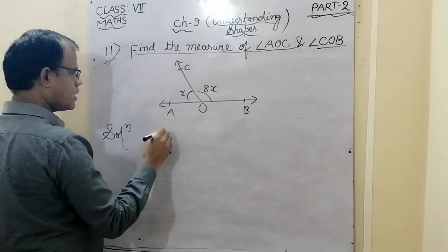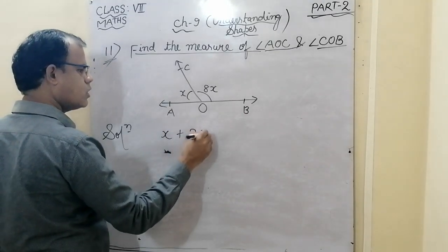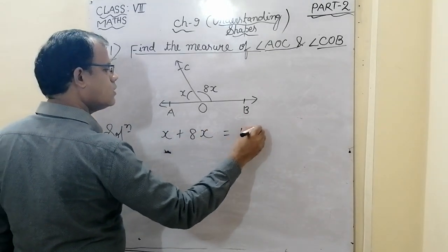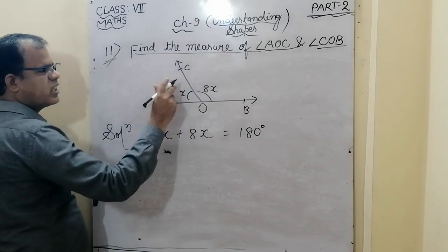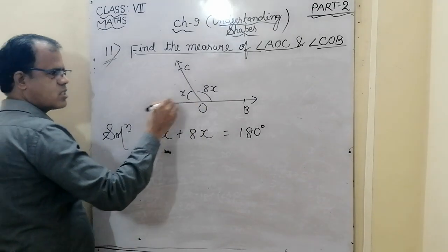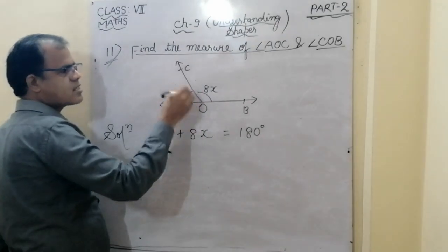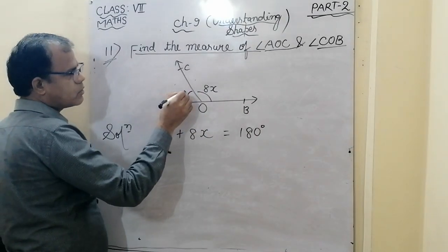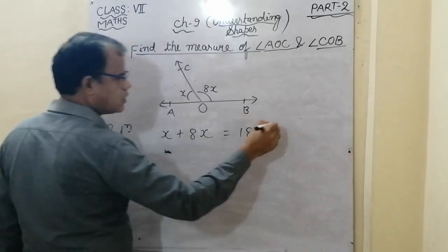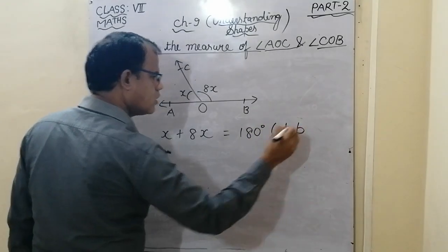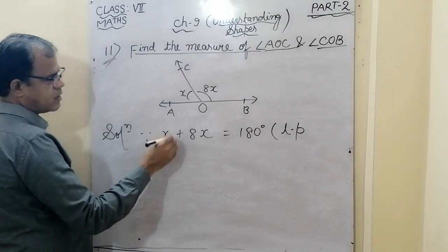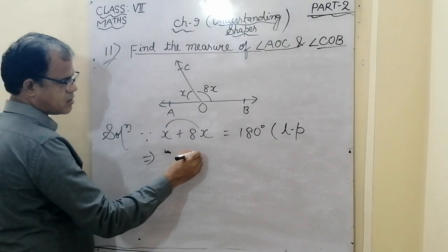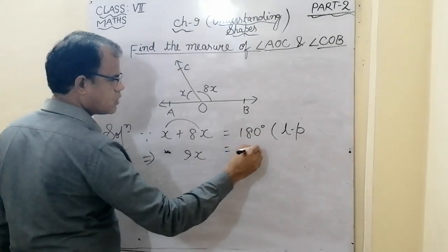So we can say that x plus 8x equals 180 degrees. Why? Linear pair. These both angles form a linear pair. So the sum of both angles becomes 180 due to linear pair. Okay student, so x plus 8x is 9x, and 9x equals 180 degrees.